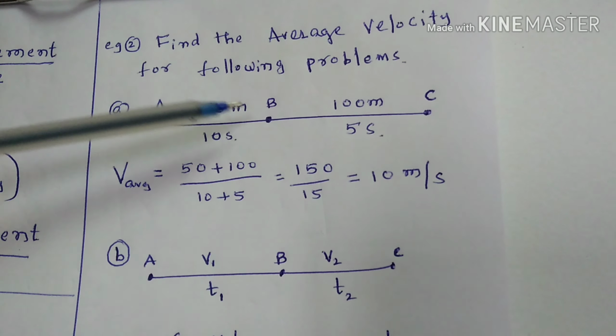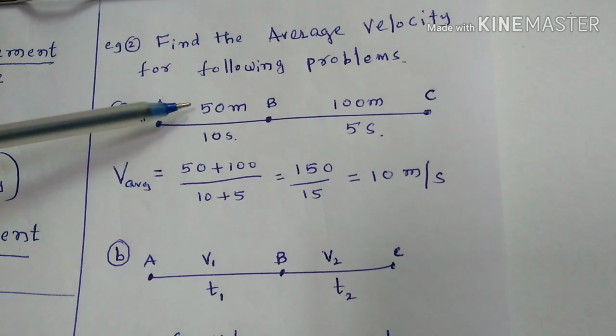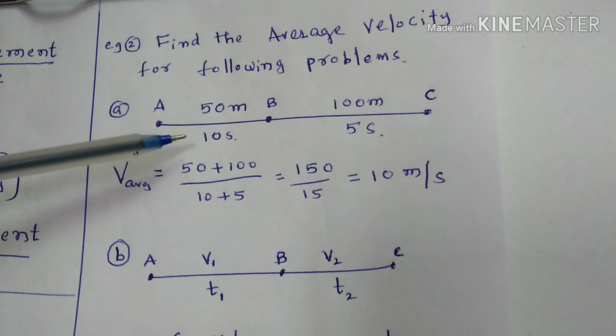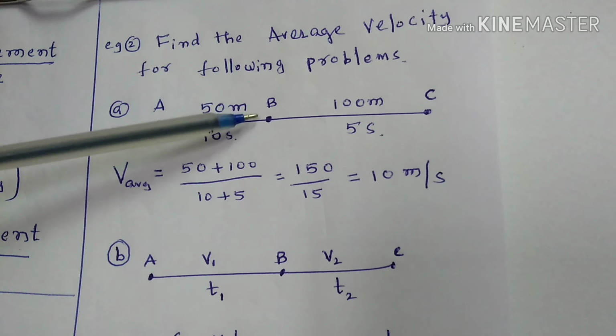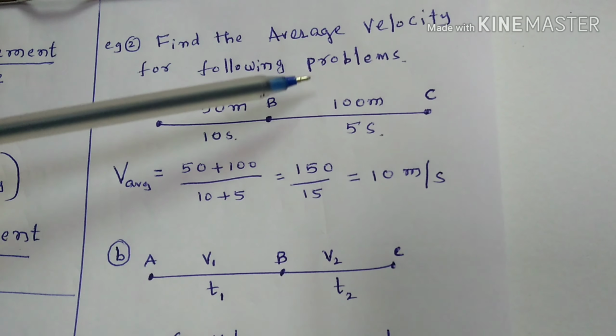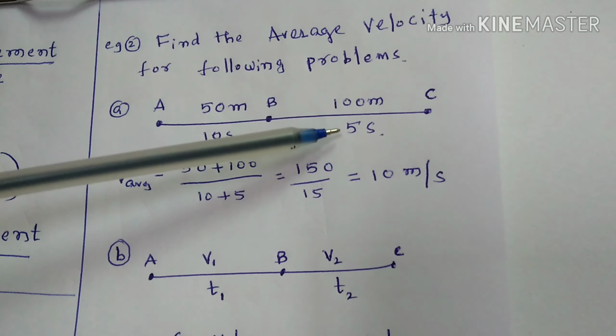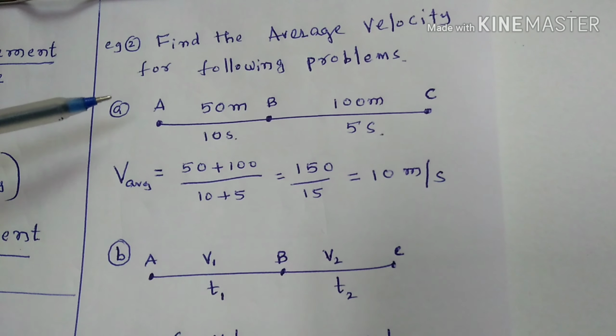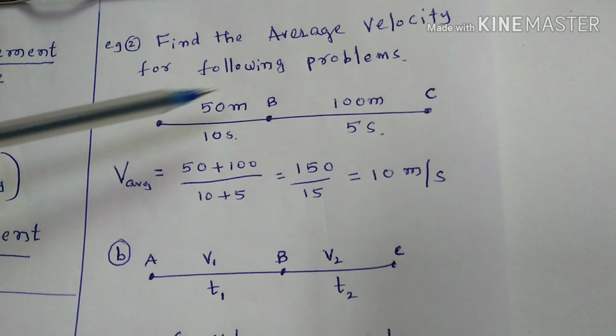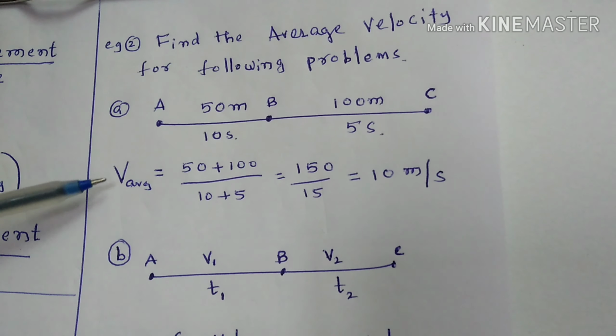From A to B, it traveled a displacement of 50 meters in the time of 10 seconds. From B to C, it traveled a distance of 100 meters in the time of 5 seconds.